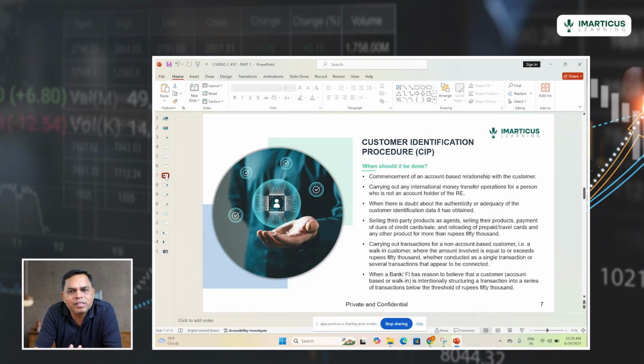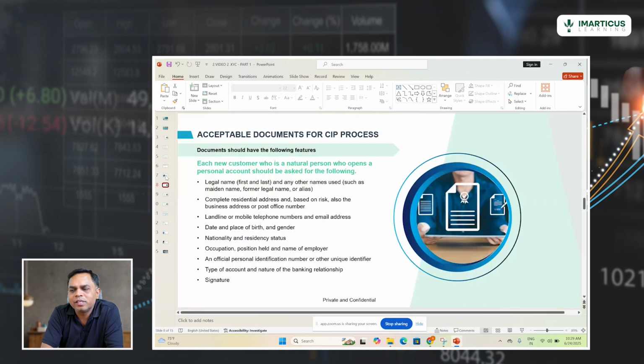So, these are some of the stages, some of the areas, where the client identification process is required. Now, how is the CIP actually done?